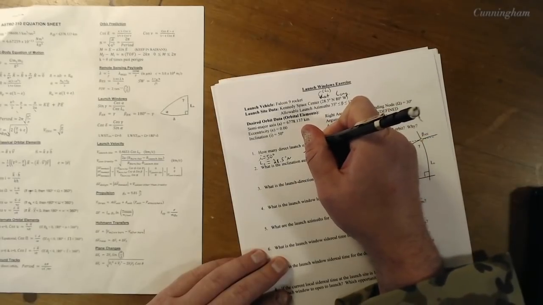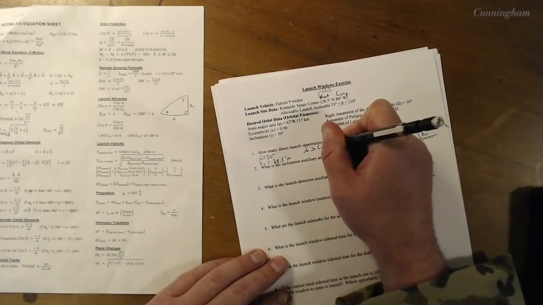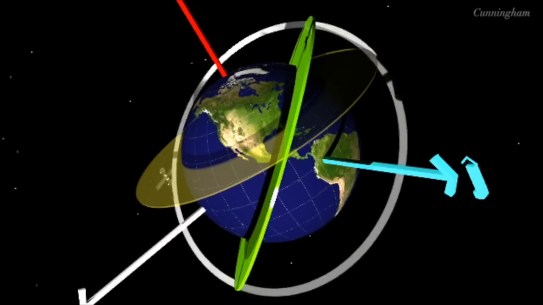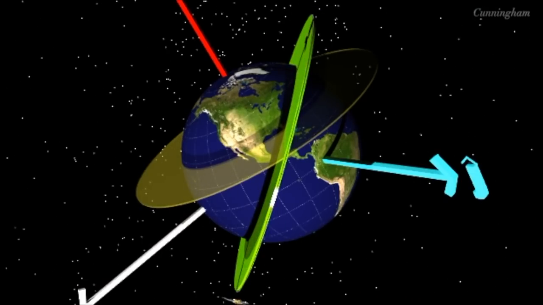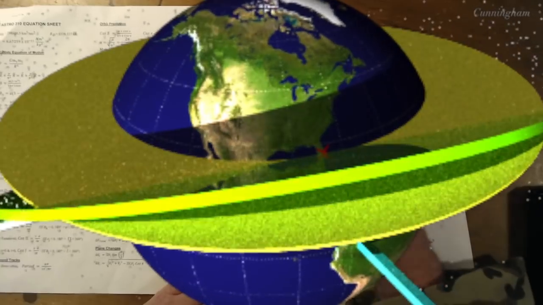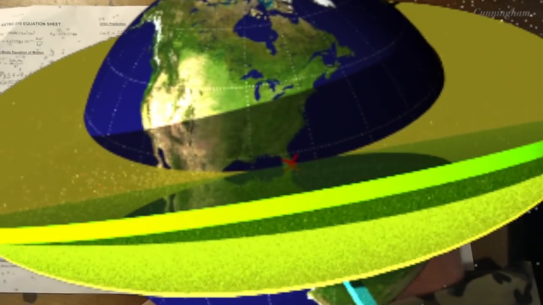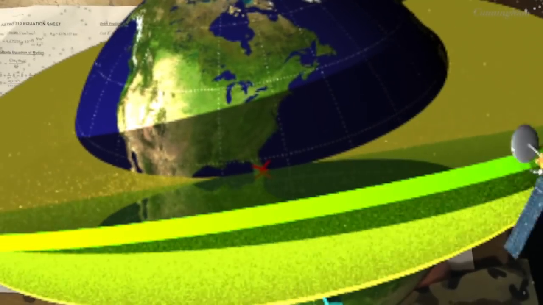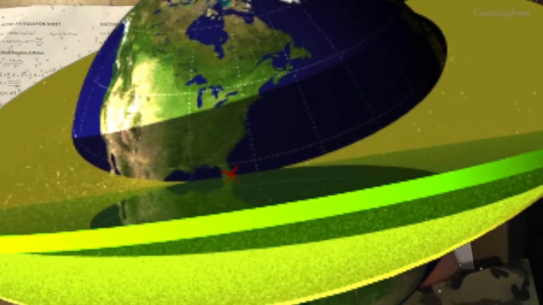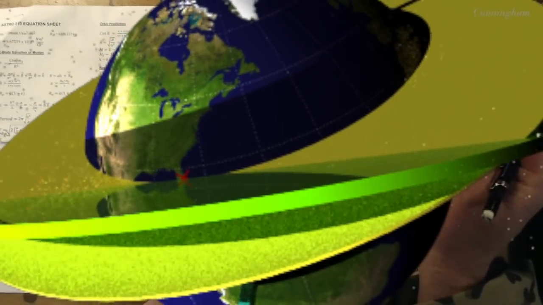If the inclination I want to launch into is bigger than my launch site latitude, I have 2 chances to launch. I can hit the ascending node or the descending node. If my inclination is exactly equal to my launch site latitude, I have 1 chance to launch. It's where the orbit just passes right over my launch site.